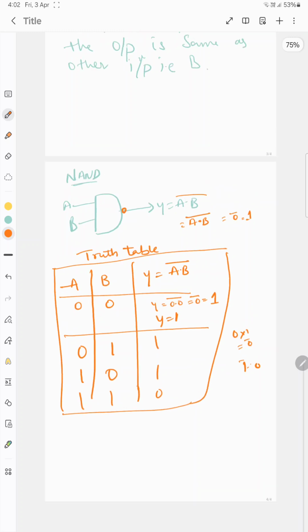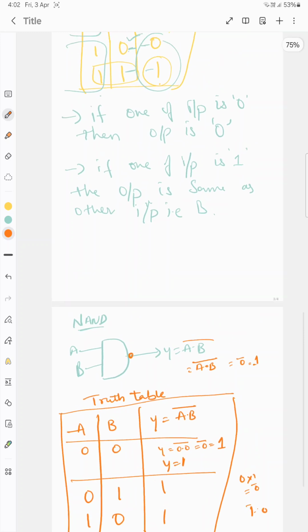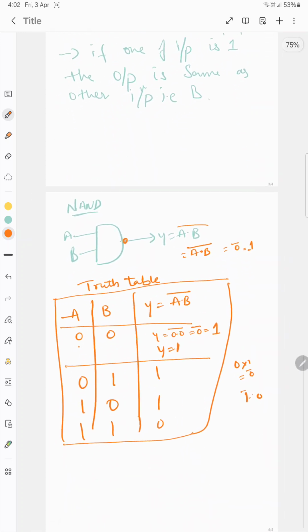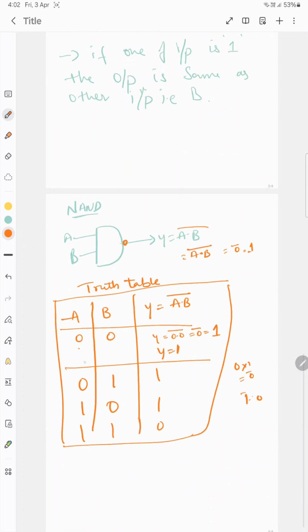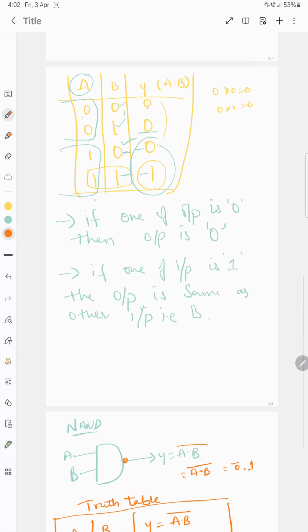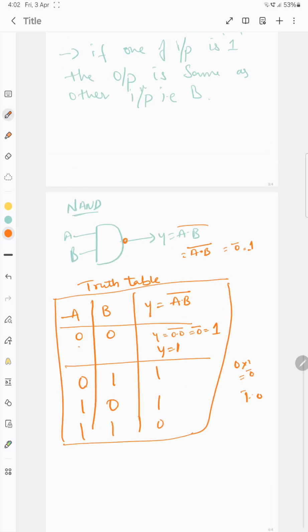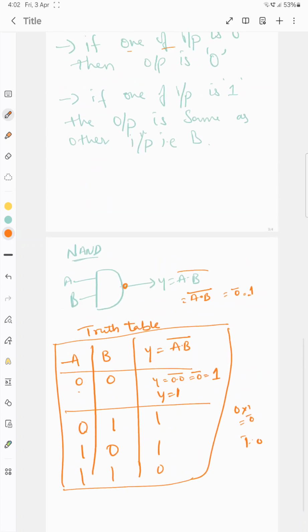As we are comparing with the truth table of AND gate, here we got 0, 0 is 1 and there we got 0, 0 is 0. And here we got 0, 1 is 1, there we got 0, 1 is 0. So it is quite opposite. They say if one of the inputs is 0, then the output is 0.